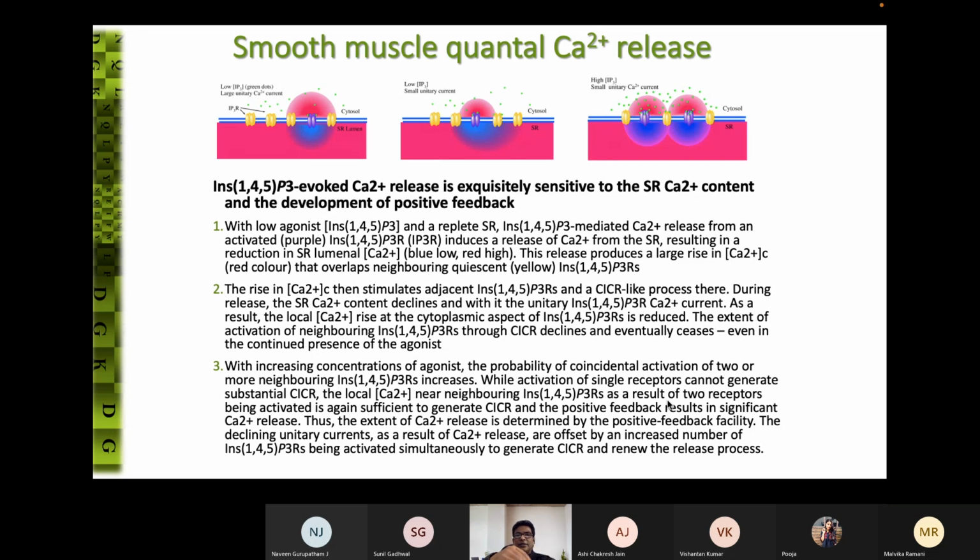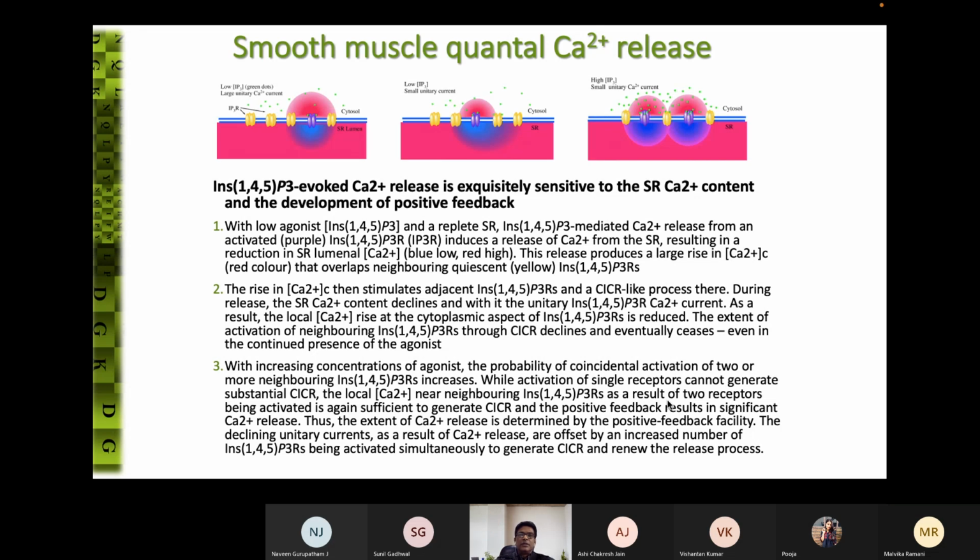But when you have a sustained agonist or a receptor or the ligand in the vicinity of the receptor, then they keep on sustaining that event that is taking place. That means the release of calcium. Then the dynamics of that is such that it starts giving you this oscillatory behavior.